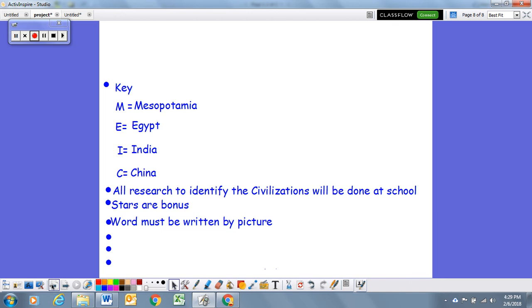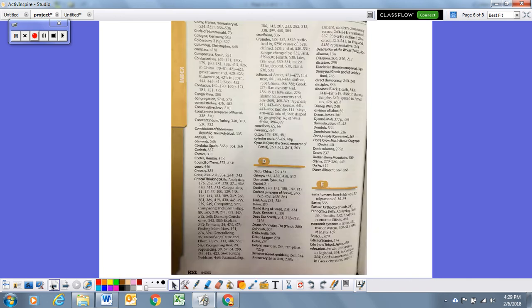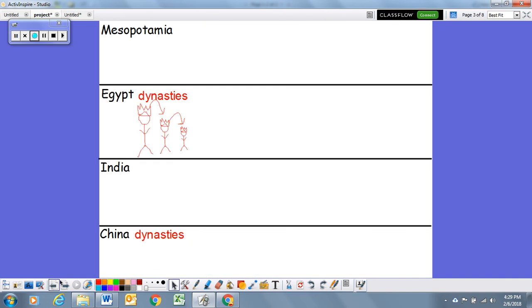So if you notice on my section, I made sure that my picture for dynasties was right next to the word dynasties. Also, I'm not giving you credit for the same picture twice. So if a word belongs both in Egypt and China, and you draw a picture for it in Egypt, you cannot draw a picture for it in China. Pick a different word from the back of your rubric to draw for in China.